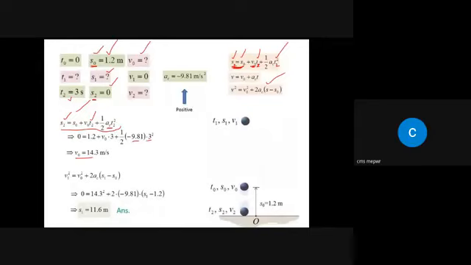Do we have V1? Yes, sir. Do we have V naught? Yes, sir. Do we have A? Yes, sir. And what about S naught? Do we have S naught? Yes, sir, it is 1.2. If this is V1, then this one will become S1, right?